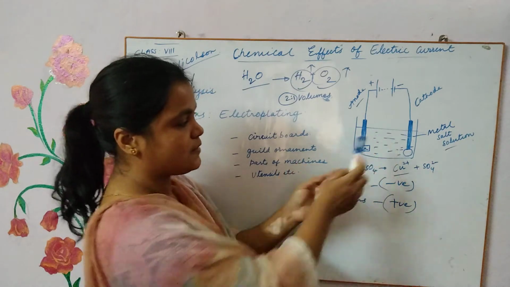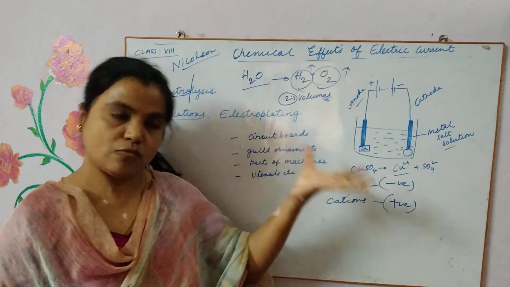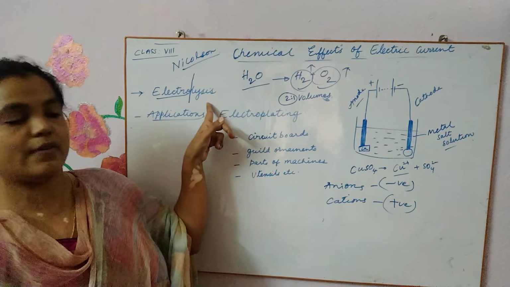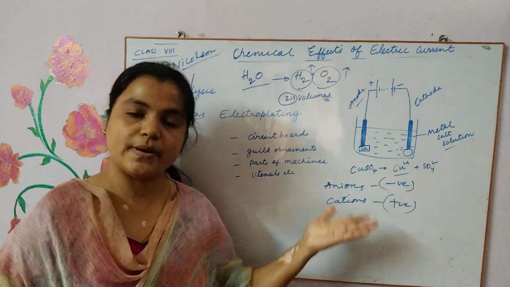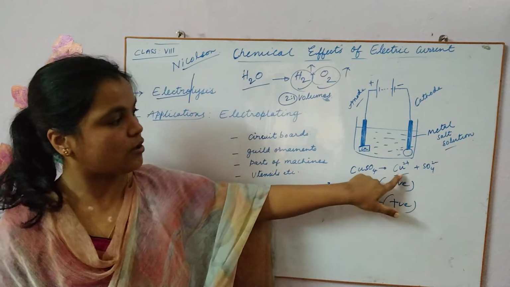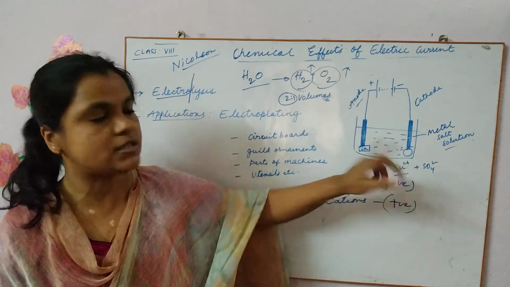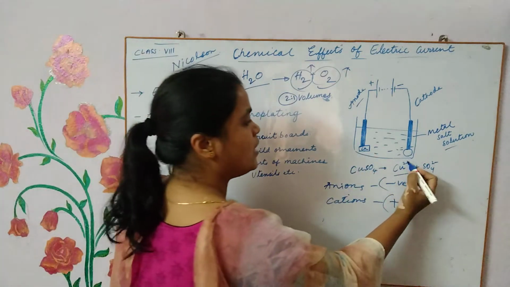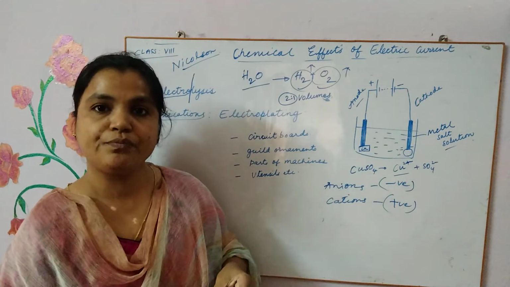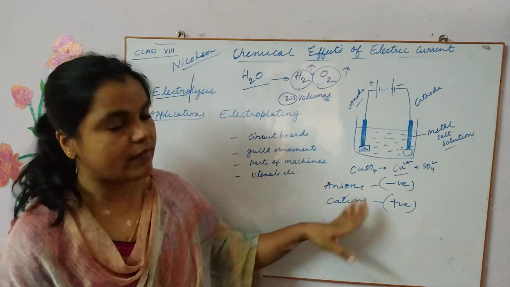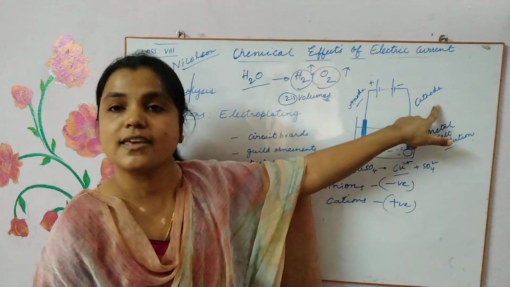The copper sulfate solution will undergo electrolysis, and it will split into copper and sulfate ions. You can see the copper ions are positively charged, 2+. So what are they called? These are cations. Will they move towards anode or cathode? Positive, no? Cations, they will move towards the cathode.